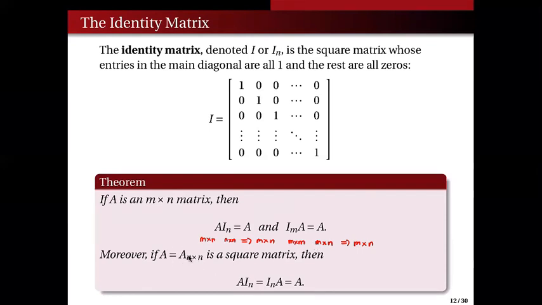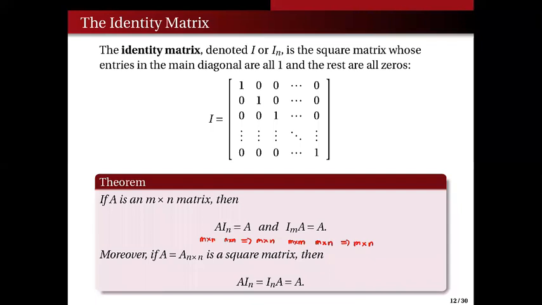On the other hand, if your A is a square matrix, let's say it's an n by n matrix, then you have this beautiful equality. A times I_n is the same as I_n times A, and if you multiply them, that's equal to A. So A times I_n is A, and I_n times A is A. This is one of those cases where you can interchange the left factor and the right factor.